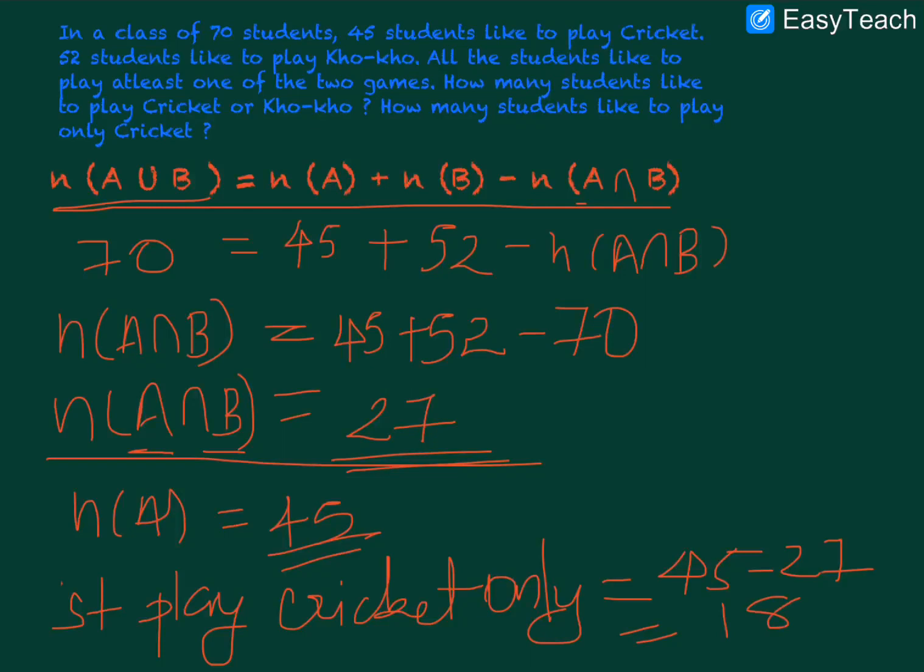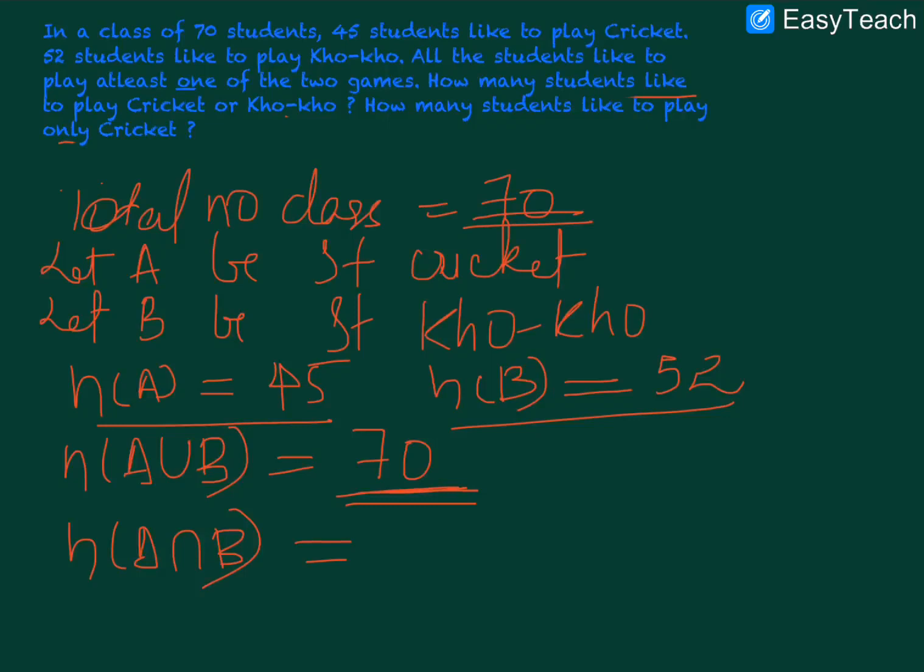So 45 minus 27 is 18. So the students who like to play cricket only is 18, and the students who like to play cricket or coco is 70. So we have solved this problem.